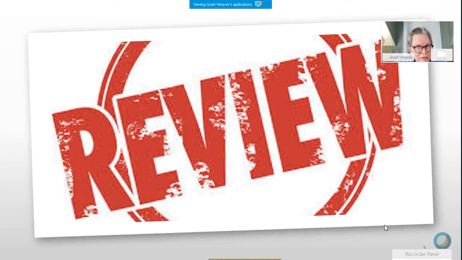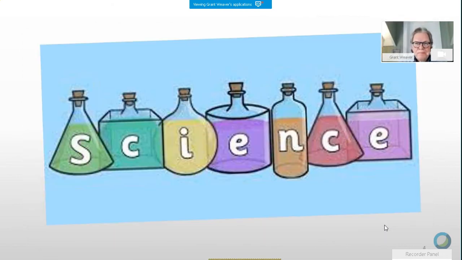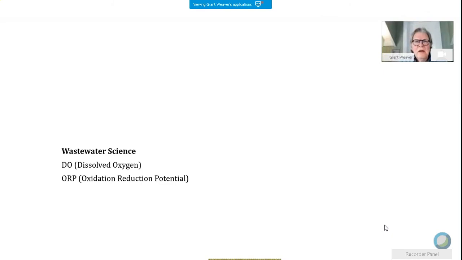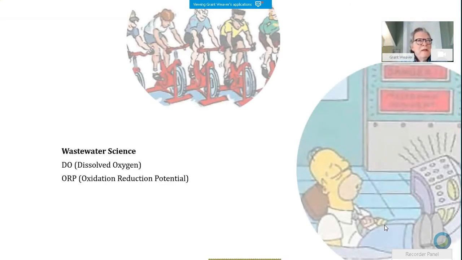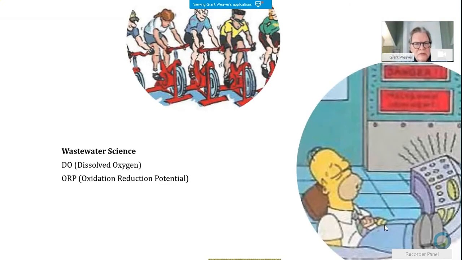I'm going to do a quick review of nitrogen and phosphorus, and then we'll get into the oxidation ditch. Okay? So the science, I like the ORP. Talked about oxidation reduction potential. I like it because it's a tool that measures how hard the bacteria are working to breathe oxygen. If they're breathing free oxygen, DO, it's a positive number.